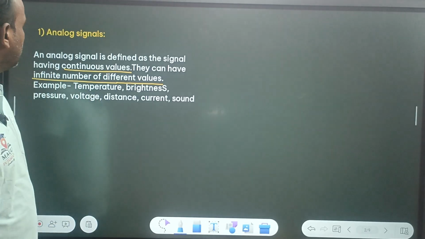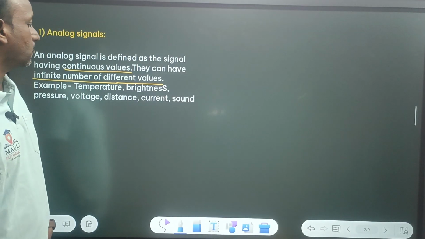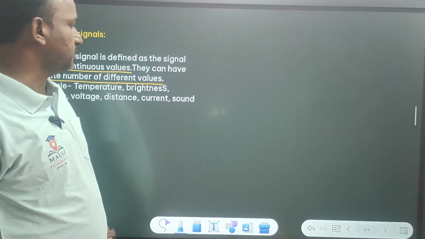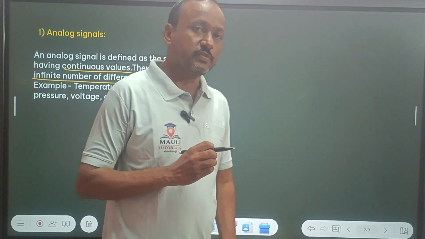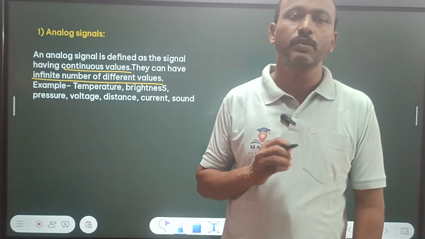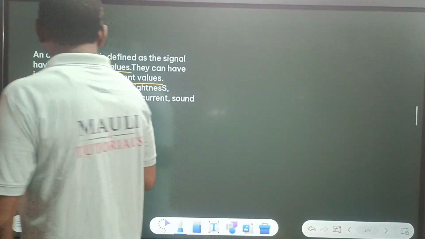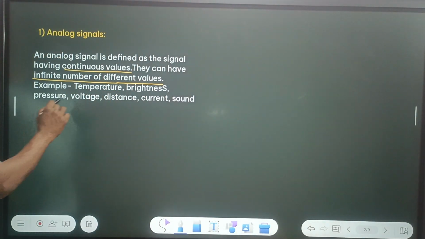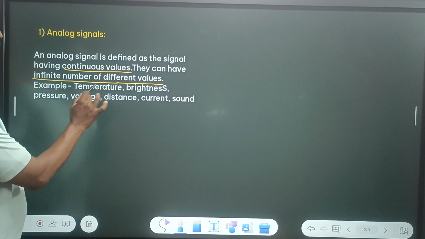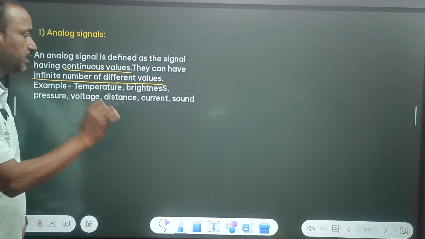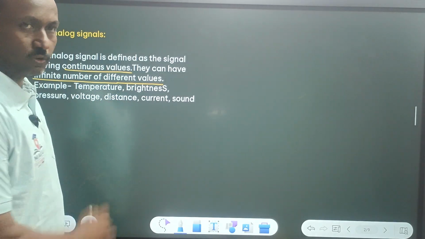Remember these 2 points: continuous values and infinite number of distinct values. This point can be considered when we write the difference between the analog signal and digital signal. These are examples of the analog signal: temperature, brightness, pressure, voltage, distance, current or sound.